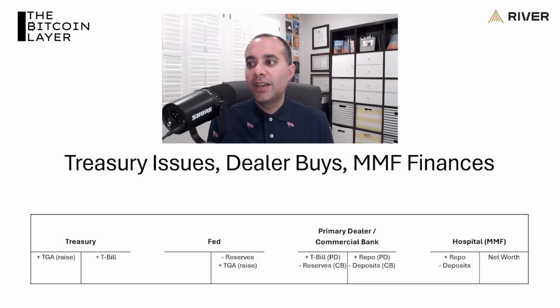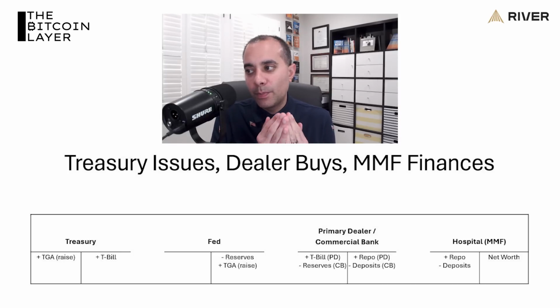So in this way, when the Treasury issues and the money market fund finances a dealer purchase of Treasuries, we have no change in the Fed, no change in the overall banking system, because you have no change in the net worth of the hospital here. You're simply having the hospital rotate out of deposits into repo, rotating out of a commercial bank liability into a primary dealer liability.